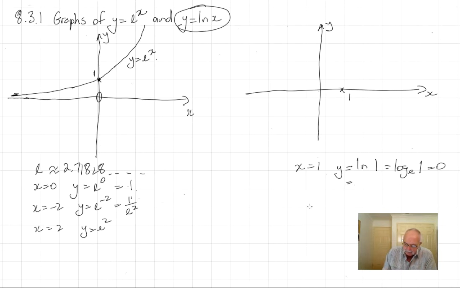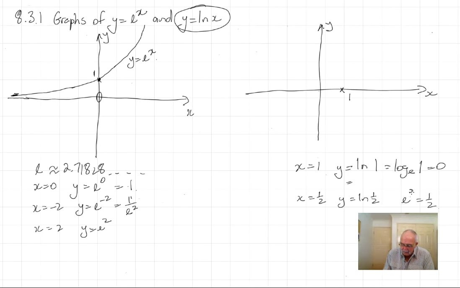So let's go, if x is equal to, say, halfway between, we've got y equals the ln, the log of a half. So what we've got to do is to try and work out what we've got to raise the base e to get a half. So e to what power is equal to a half. Now e is 2.7, so to get a number less than e, you've got to raise it to a negative power.